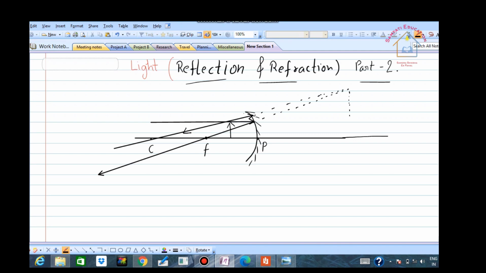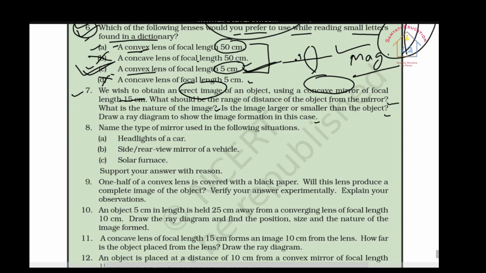Here we find our image, A dash, B dash. The object is A and B. The question says the focal length is 15 centimeter.